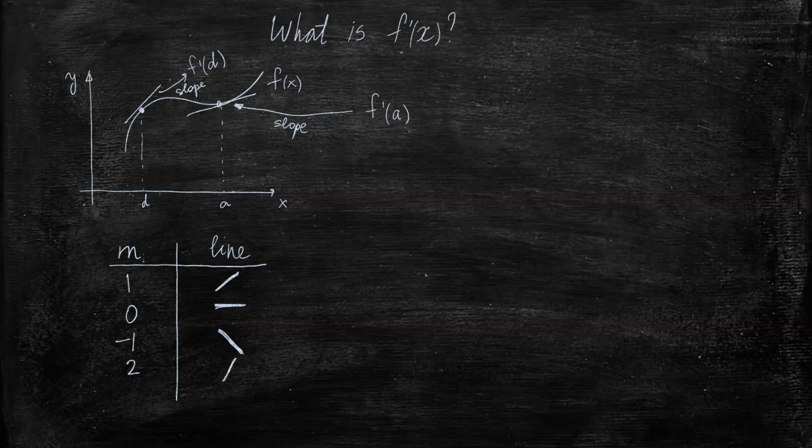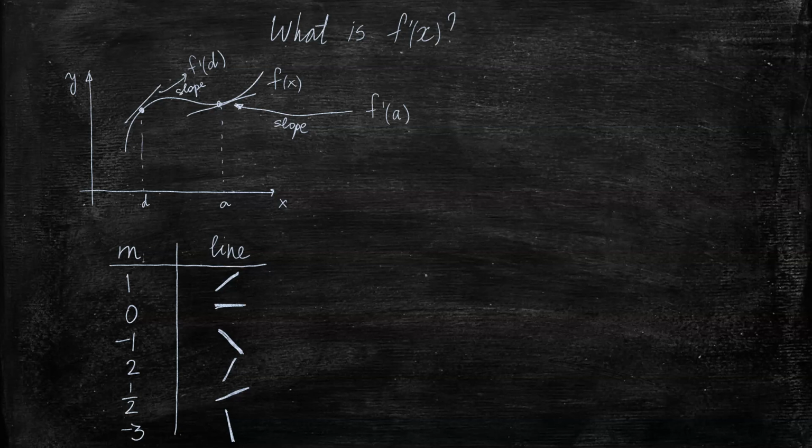The bigger the slope, the steeper the line is. The smaller the slope, the flatter the line is, and the opposite is true for the negative values. So -3 means it's going to be steep in the other direction. So this is what we know.